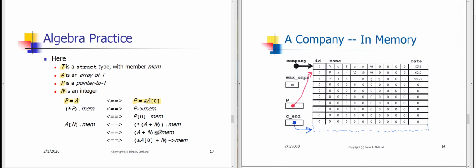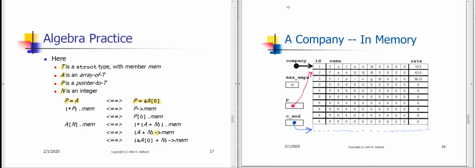We can replace the star and the dot with an arrow. So A plus n arrow mem is yet another alternative. A itself, of course, just stands for the address of A sub 0. So the address of A sub 0 plus n, all in parentheses, arrow mem, is yet another way of accessing a particular member of a particular structure in an array of structures. Okay, so some of these are sensible, some of these are sort of crazy, some of these would be written by someone who's not too sure of their abilities as a C++ programmer, but they all mean the same thing.